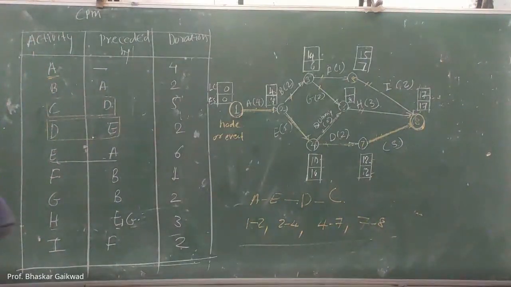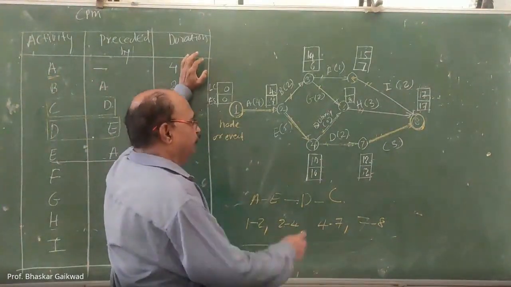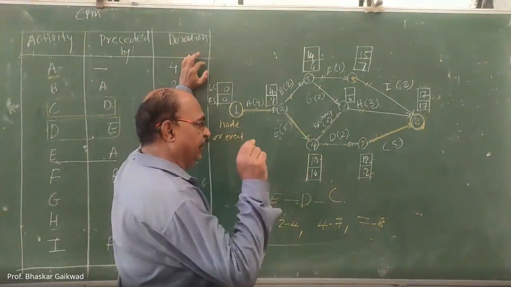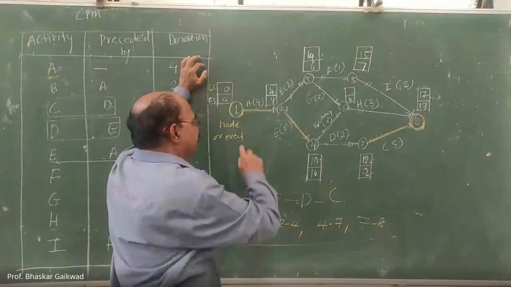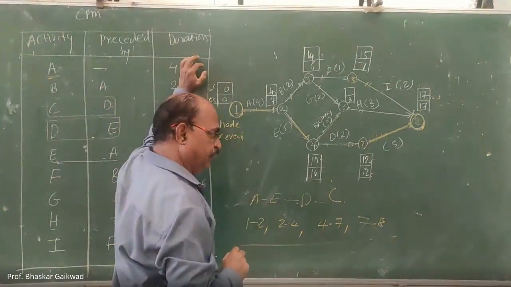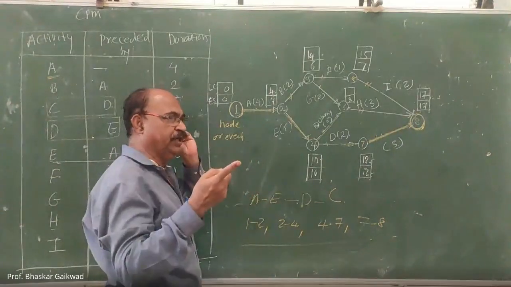Now while giving the numbering, what you have to do is use the fulcrum rule. You can start from any point. Suppose this is one point; starting point is 1. From this point, you have to consider only outgoing activities.